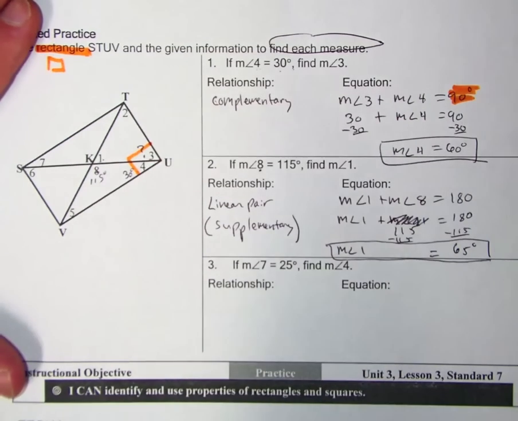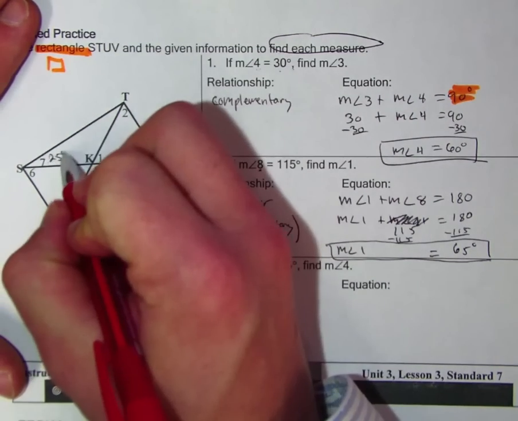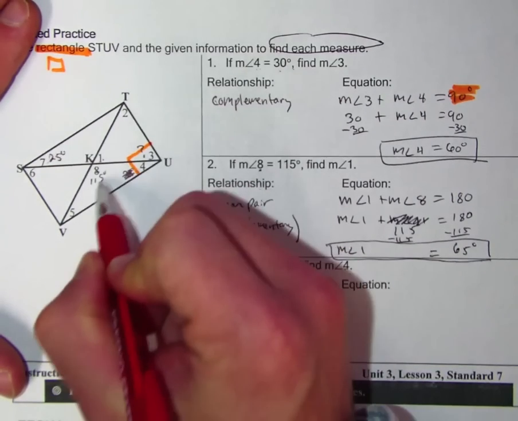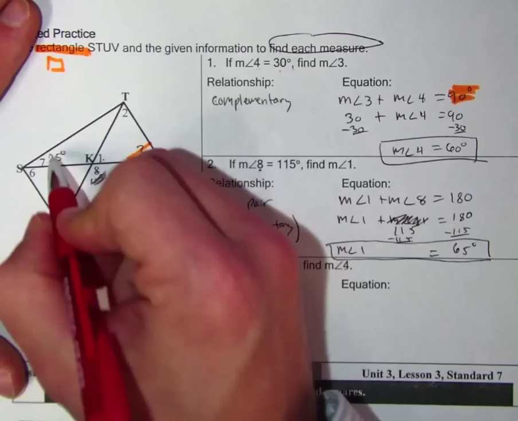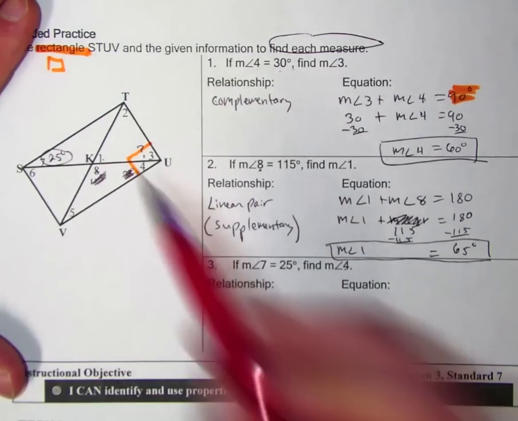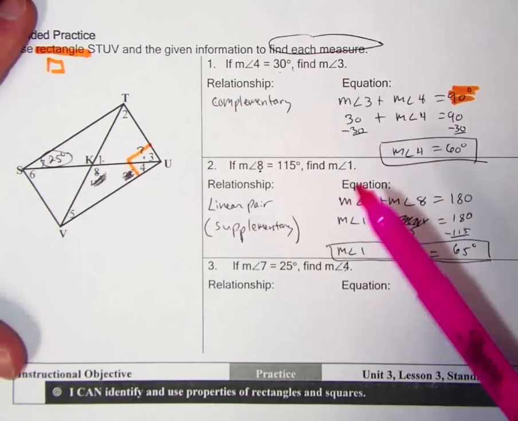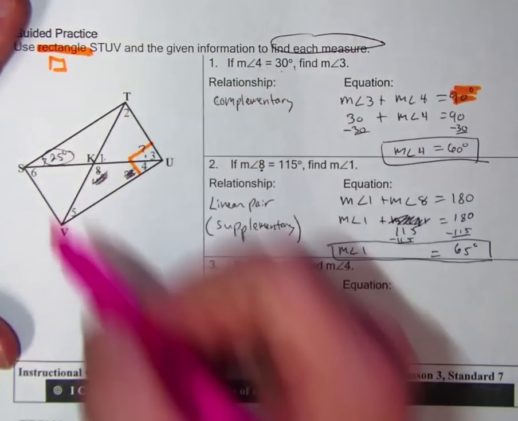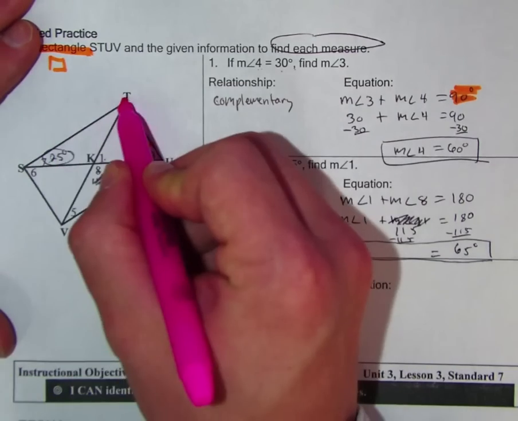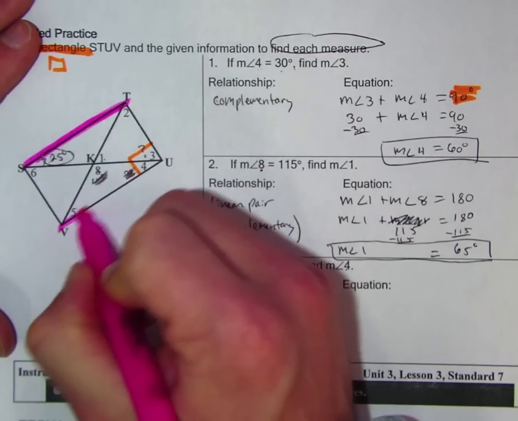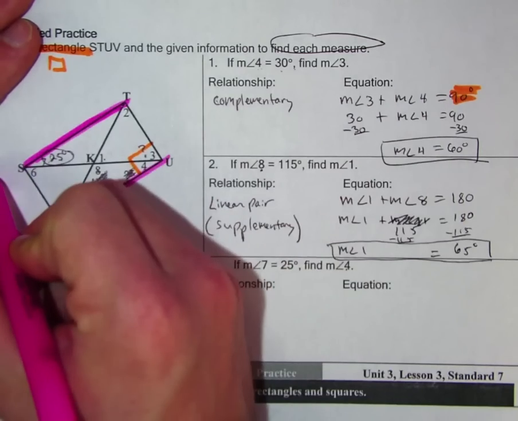Let's do one more. The measure of angle 7 is 25. And what's the measure of angle 4? Now remember, this isn't 30 anymore. I can erase those. So if this one up here is 25, what's this one? This is maybe the single hardest thing to see. I'm going to get my highlighter here. Remember to see a picture in a picture. I want you to see this and this, and then I want you to see this transversal.